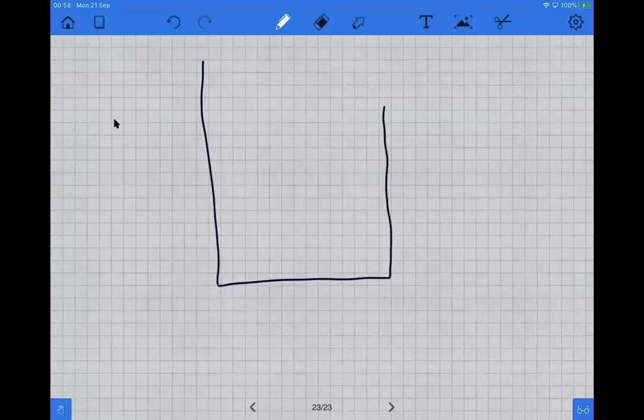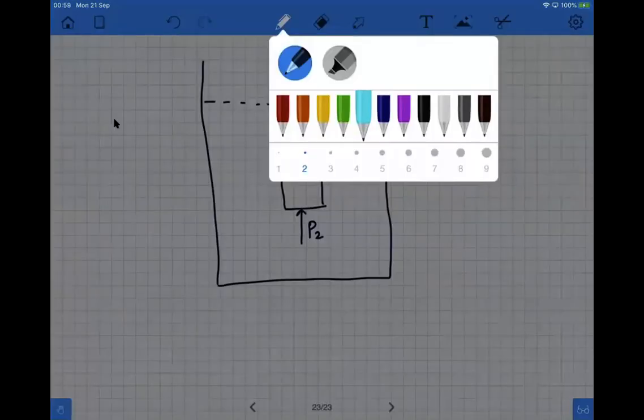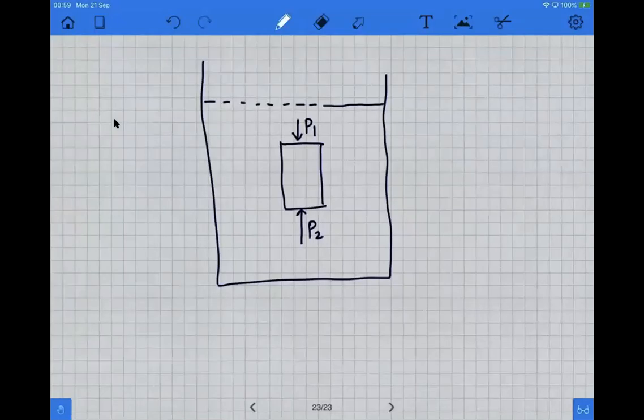we have to understand that if this is the liquid, then for this cylinder, P1 or F1 is acting at the top, P2 is acting at the bottom. Now, if we care about depths, then the depth of the top is, let's suppose, H1, and the depth of the bottom is H2.